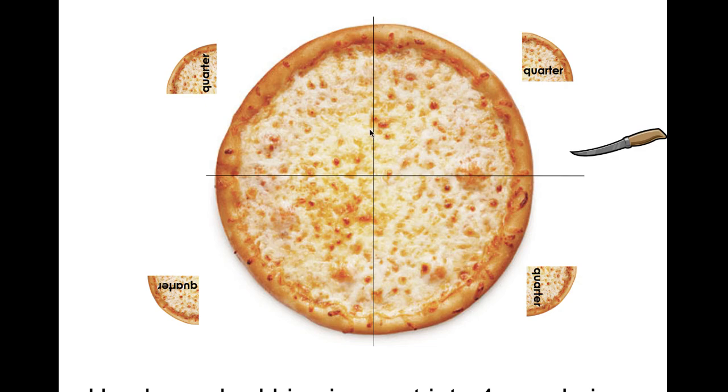And each part is called a quarter. So we have a quarter, a quarter, a quarter, and a quarter. That makes up one whole pizza. And also, when we learned about money, we learned that 4 quarters equal one whole dollar. Whereas over here, 4 quarters equal one whole pizza.